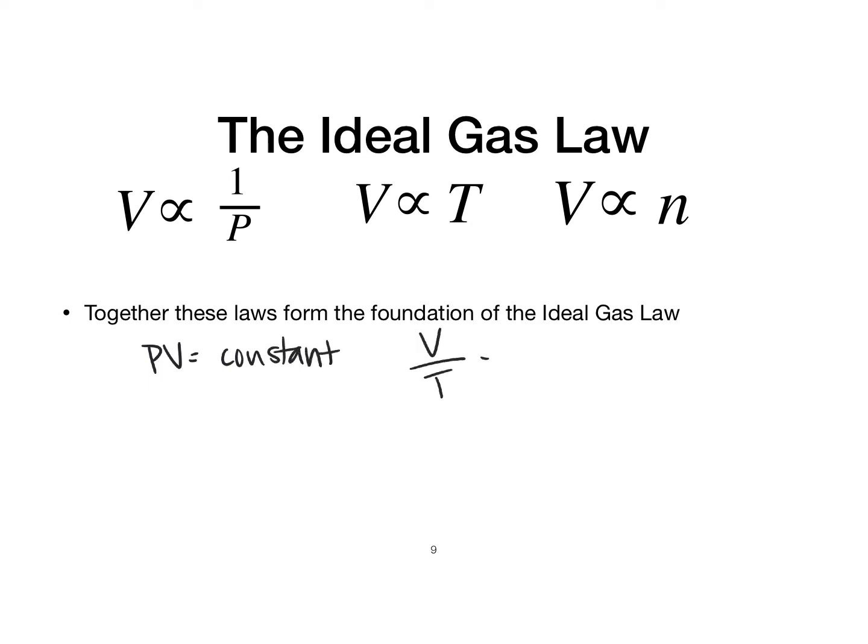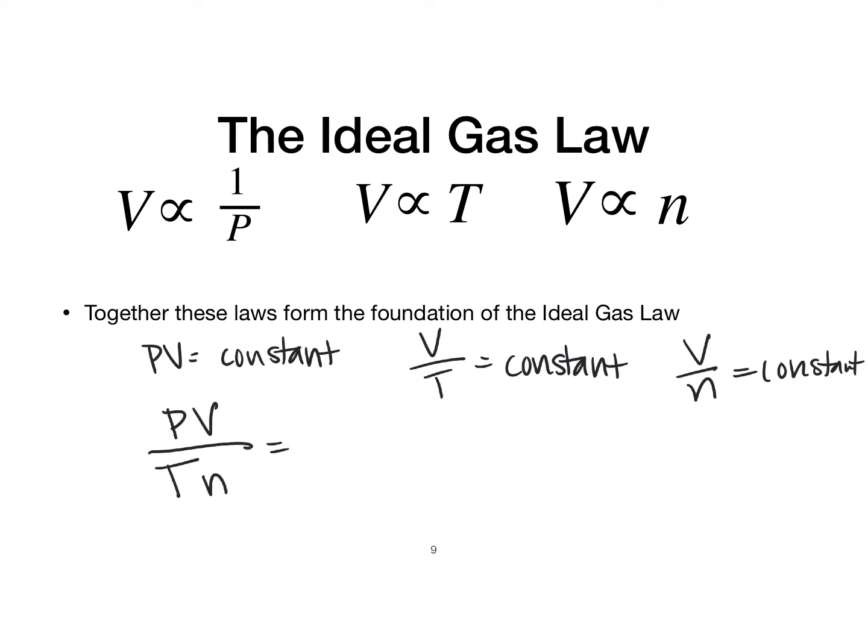Volume over temperature equals a constant. Volume over n equals a constant. So we can adapt these to where pressure times volume divided by temperature times moles is equal to a constant, where this constant is going to be equal to R, the ideal gas constant.